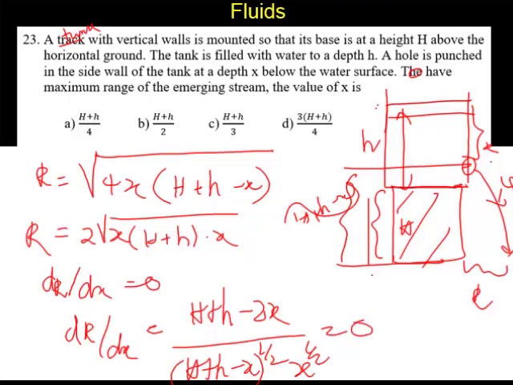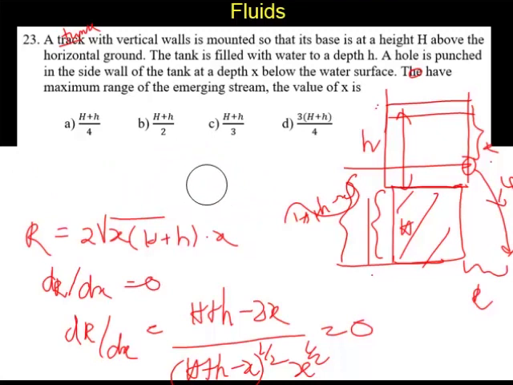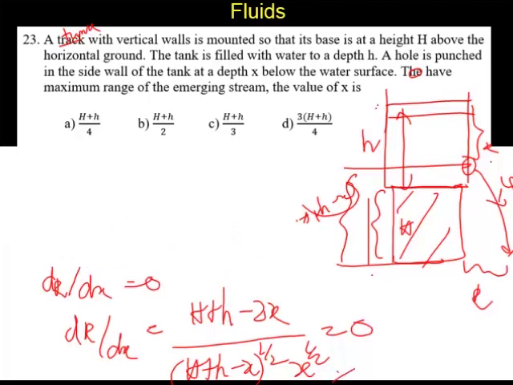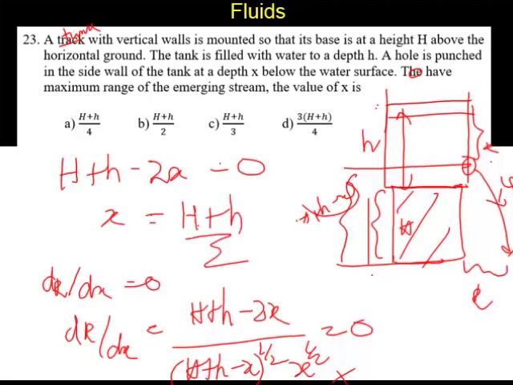The denominator cannot be 0, because if the denominator is 0, it is going to be infinity. So to satisfy this equation, h plus H minus 2x should be equal to 0. So x is equal to h plus H by 2. So the answer is B, h plus H by 2 is the correct answer.